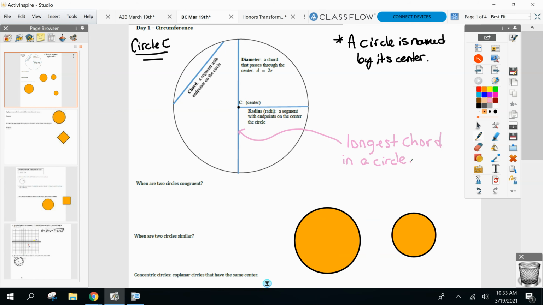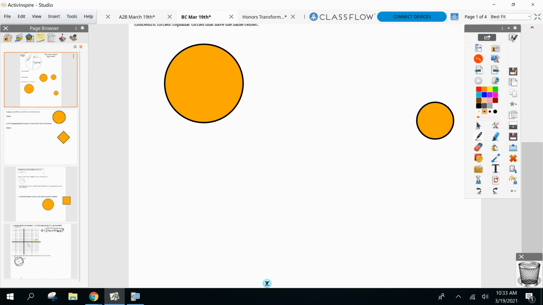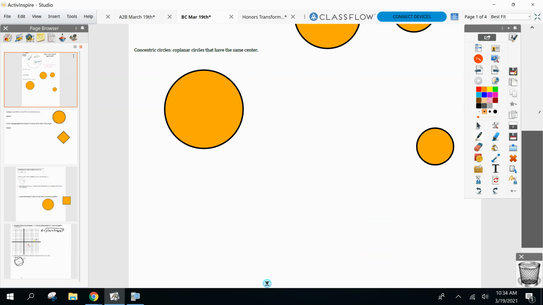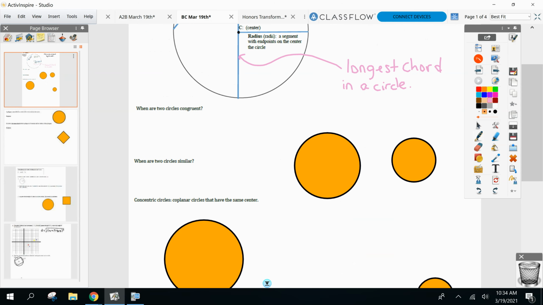All right, kind of going with the theme of the year, being congruent to each other. When are two circles congruent? Well, you can't do side-angle-side, right? Even less than the diameter, cut it in half. All I need are the radii.